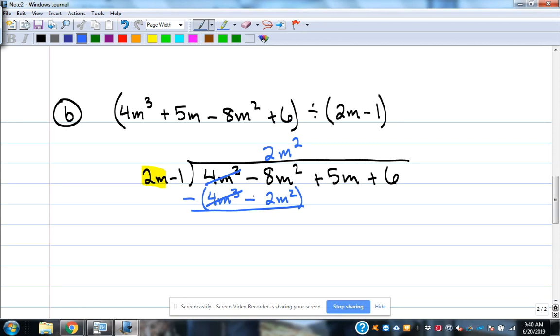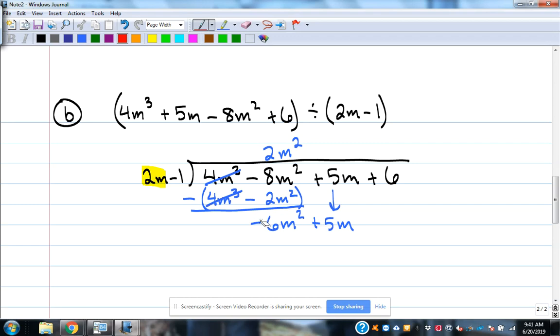Negative 8 minus negative 2 would be negative 6m squared. Bring down the next term. Again, go back to the front. What times the 2 gets me the negative 6m squared?